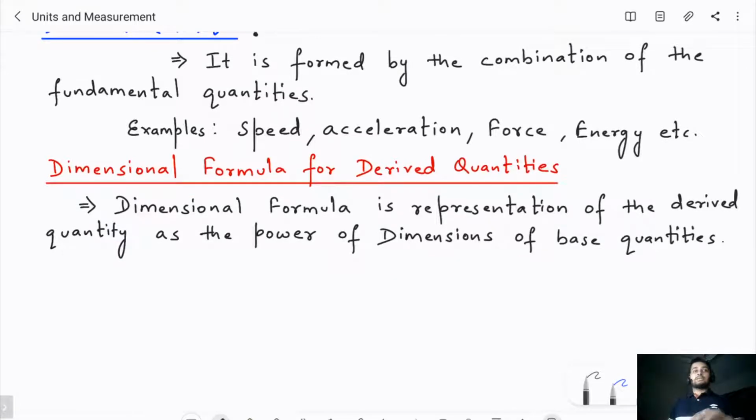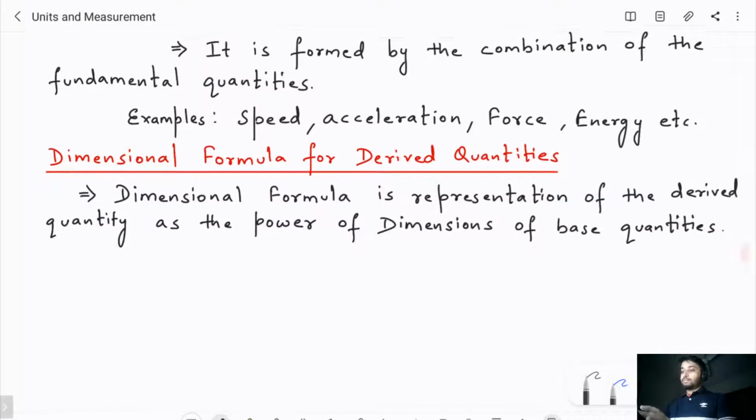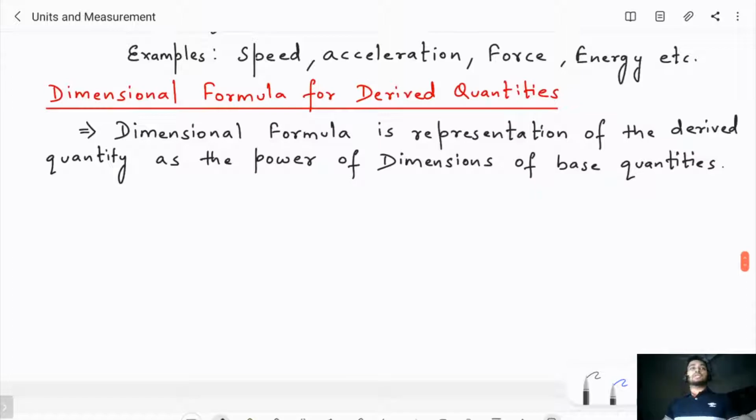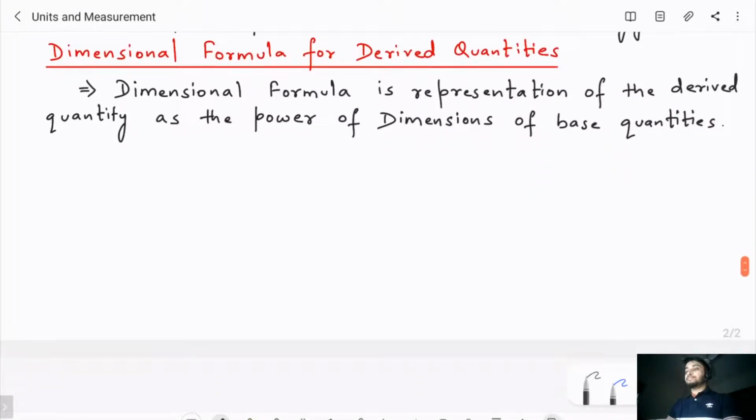So now we'll see the dimensional formula for different derived quantities, how to write them.